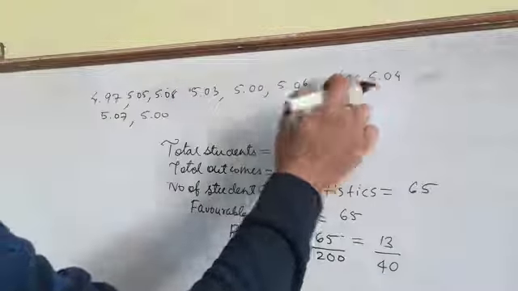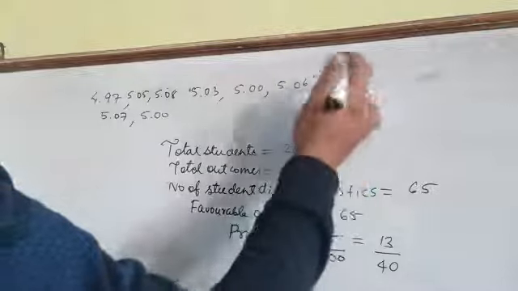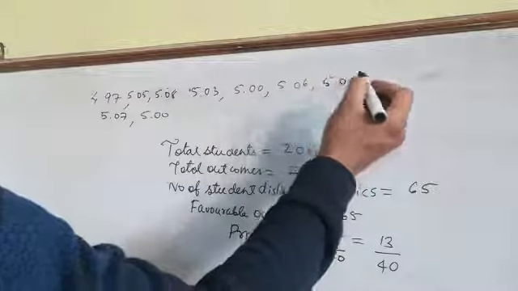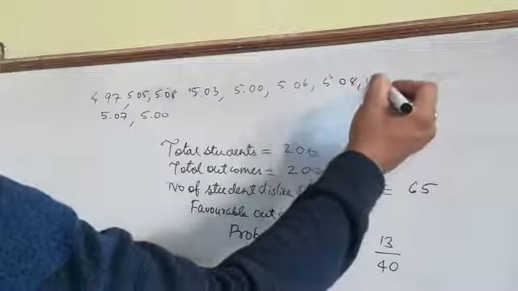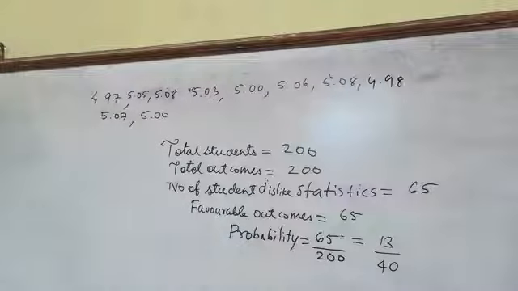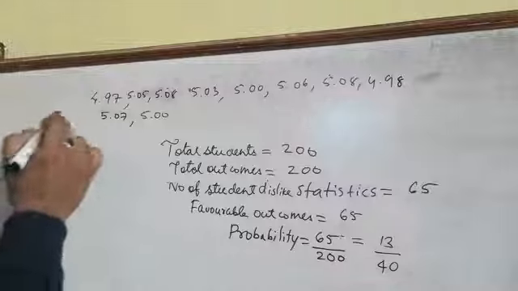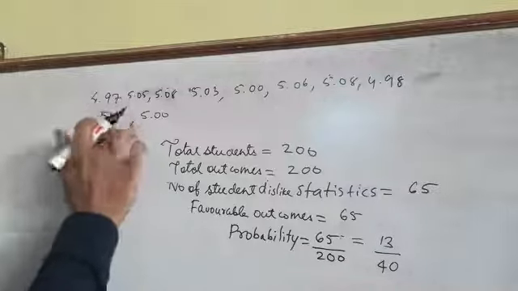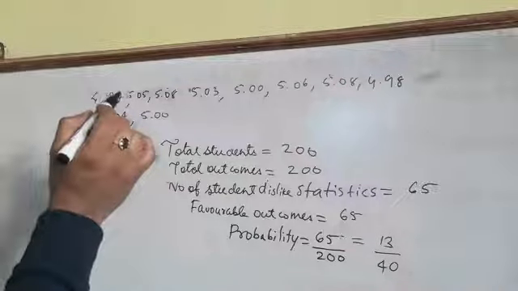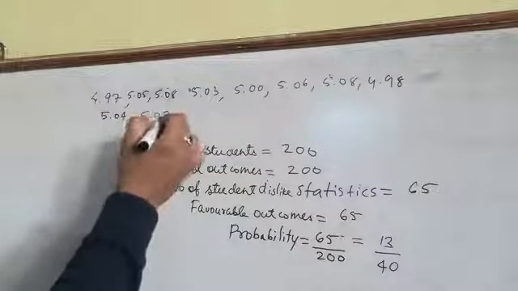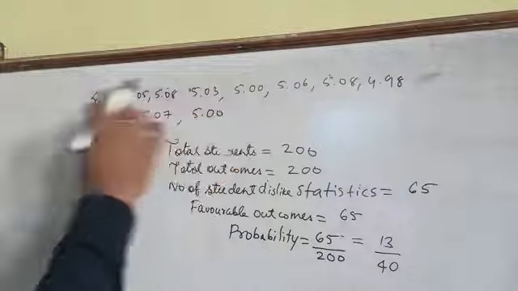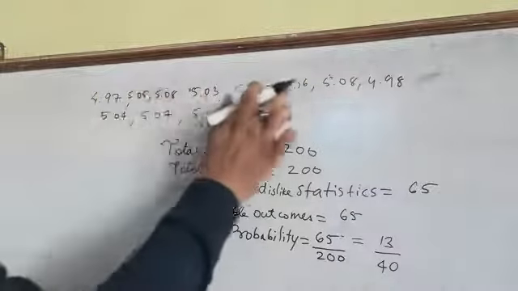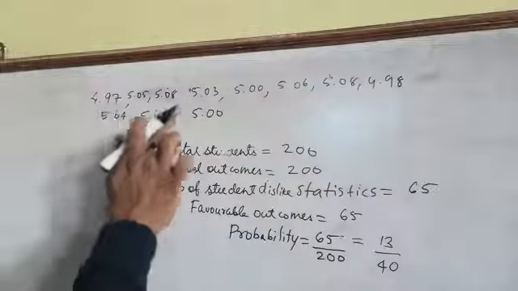After 5.06, one more bag is there of 5.08, then 4.98, 5.04, 5.7, and 5.0. 1, 2, 3, 4, 5, 6, 7, 8, 9, 10, 11.